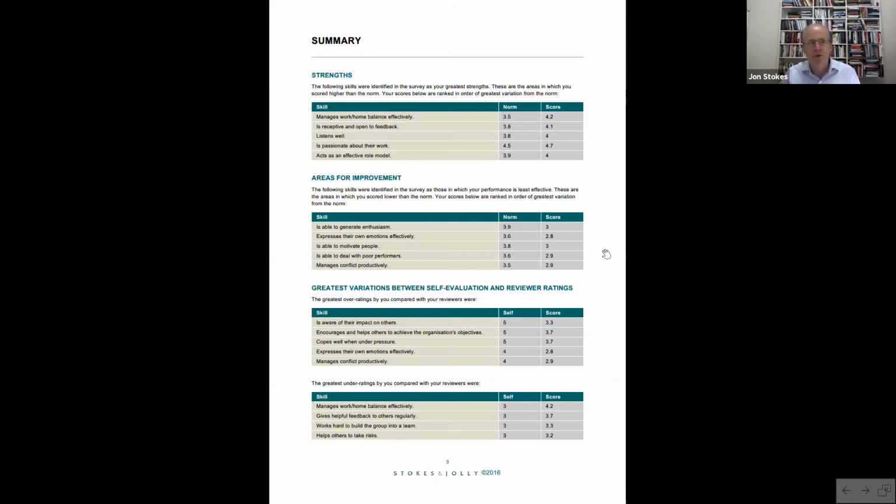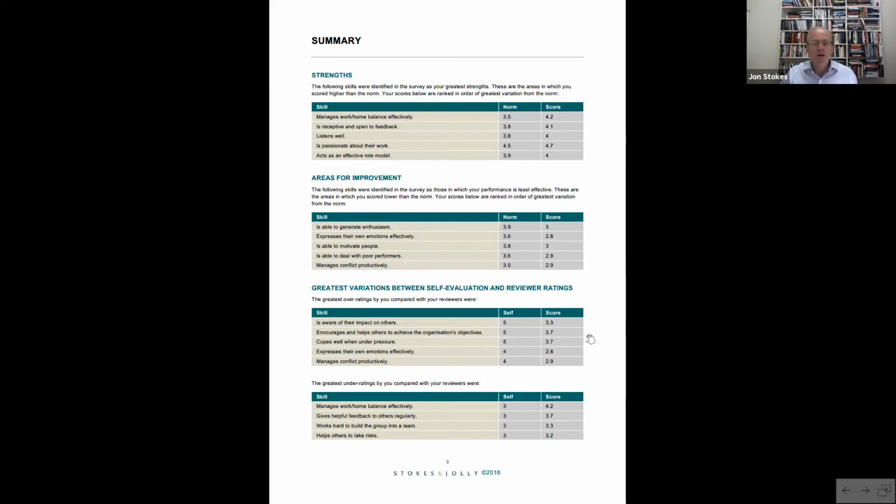So, you know, cobbler's children. What we're good at professionally is not necessarily what we're good at in our own everyday behavior applied to ourselves. So this is a classic example of this, where somebody wasn't so confident in some of those skills you can see there, motivating, expressing emotions and so forth effectively.